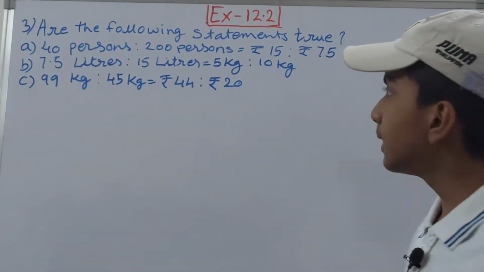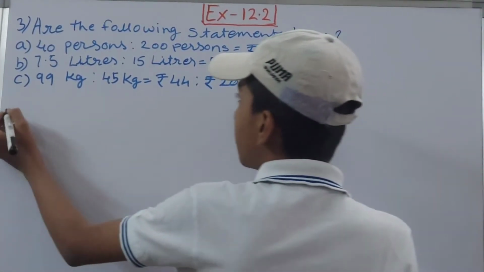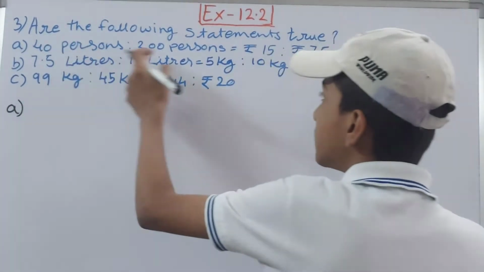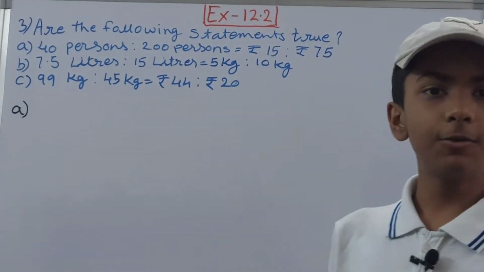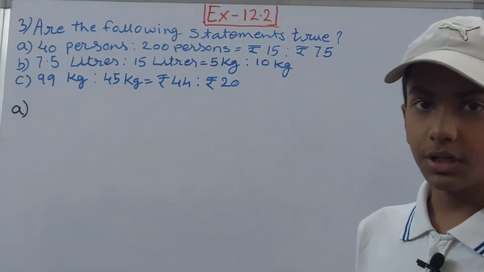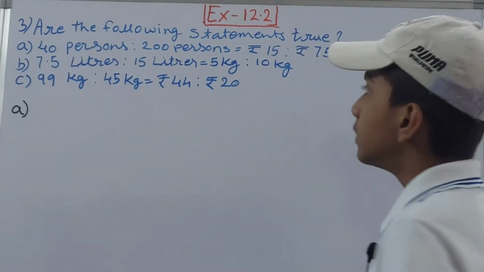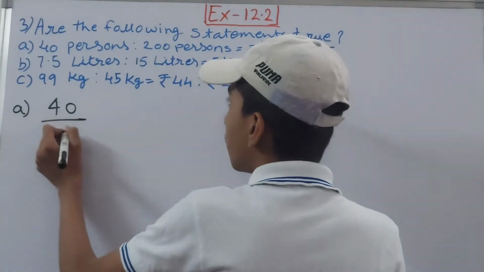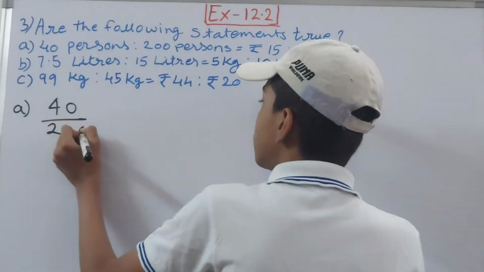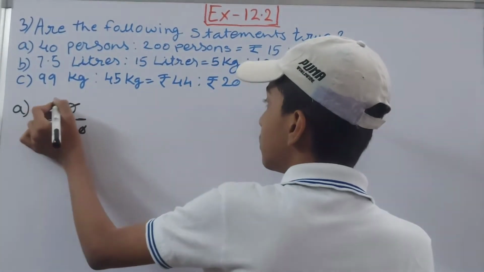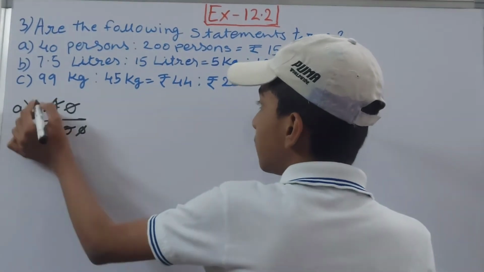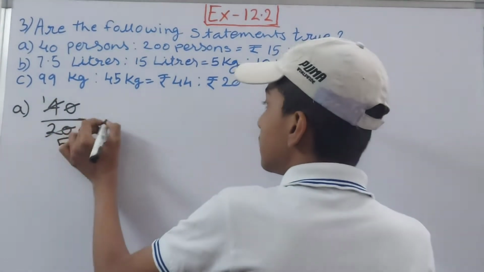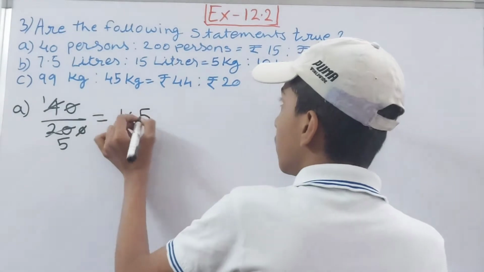First for part A, we have to make 40 persons and 200 persons a ratio in its simplest form. First we convert this into a fraction. This becomes 40 upon 200. So you cut this 0, so 4 and 20, and then 1 and 5. So our ratio is 1:5.